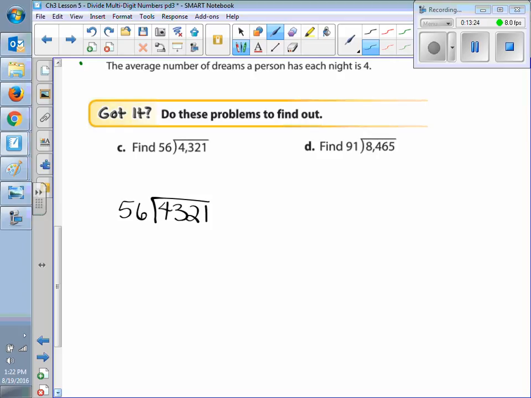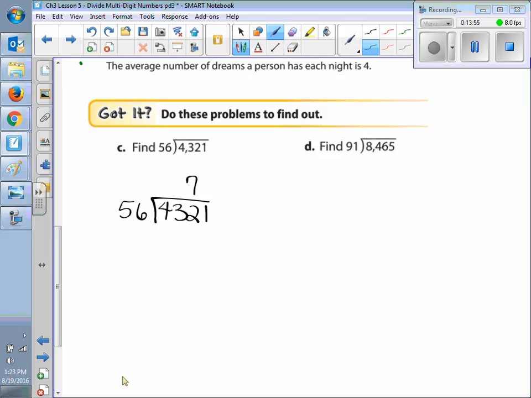Very good. So, if I did 8 here, would that be a good estimation or would that be too much? Too much. That's going to be too much because 6 times 8 is 48. If I carry the 4, that would be 5 times 8 plus the 4, that would be 44. So that's too much. So we're going to go down 1 to 7. Is everybody with me?